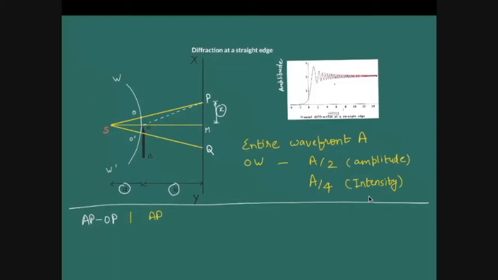So I can write AP as under root of AM square plus PM square, which is equal to, what is AM? AM is B and MP is X. So it would be root of B square plus X square.